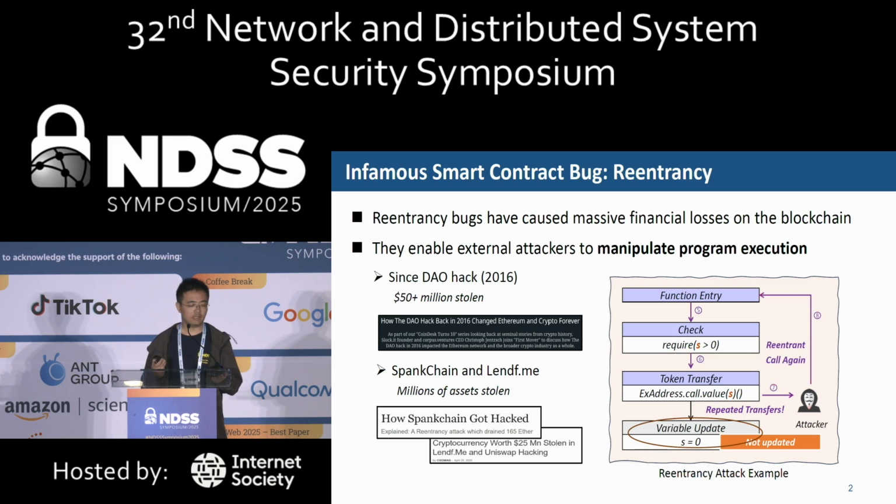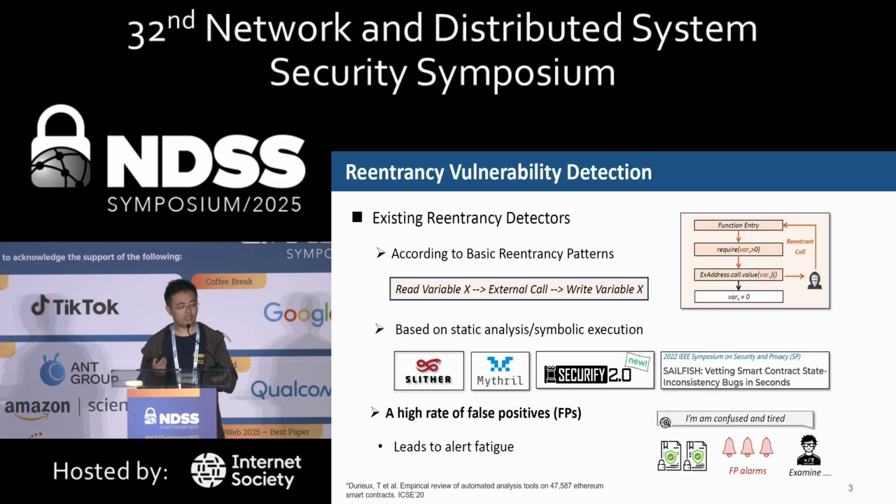To prevent reentrancy, industry and academia have come up with various tools to detect reentrancy vulnerabilities. Most tools utilize static analysis and symbolic execution to look for a classical pattern, that is, read and write operations on the variable coincide with an external call.